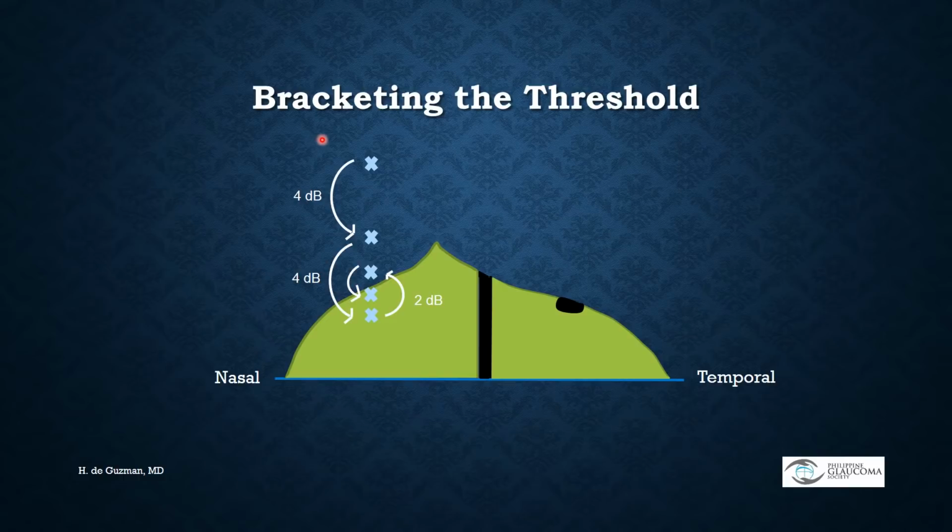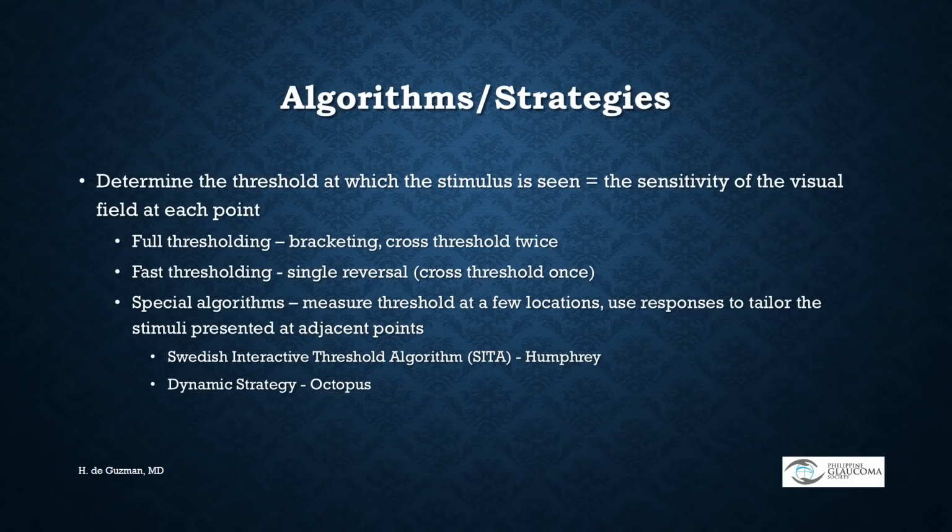Take note that these stimuli are not presented sequentially, all at the same point. So the machine will test one point here, another point here, another point here, then another point here, and then come back here. So the patient does not know where to expect the stimulus. So that's an example of full thresholding. It crosses the threshold twice.